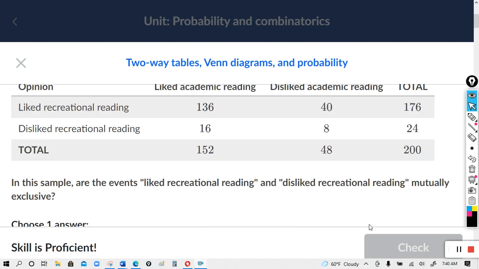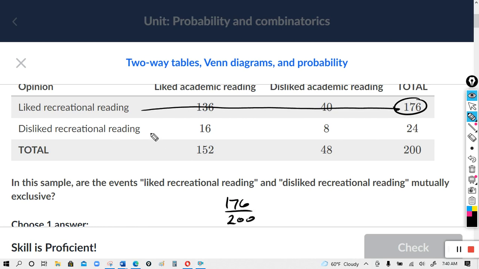Now, if you want me to prove it to you, that would be 100%. For liked recreational reading, we have 176 out of 200. And for disliked recreational reading, we have 24 out of 200.